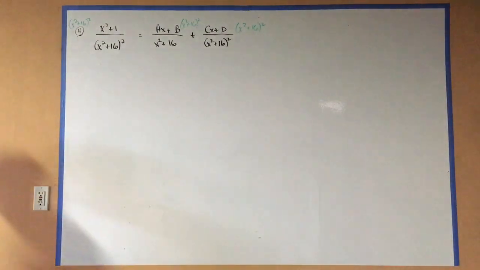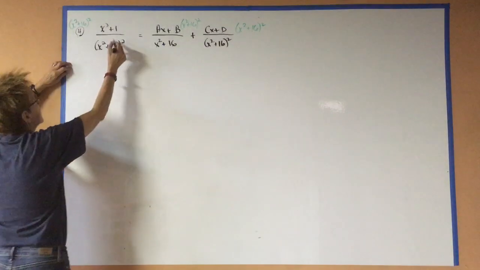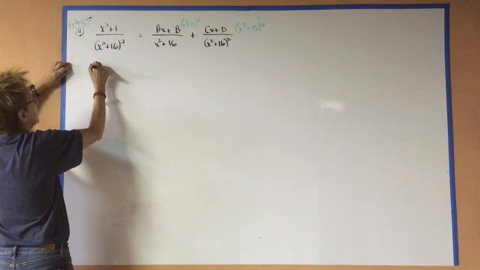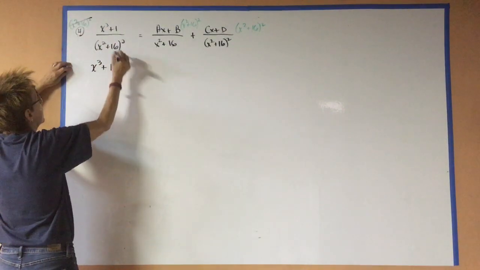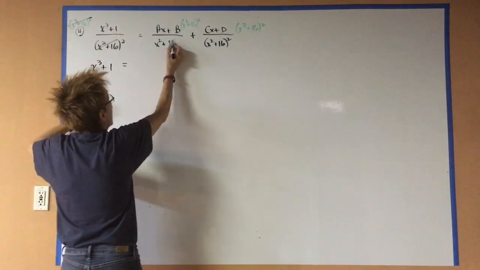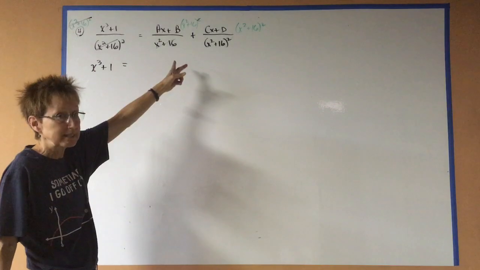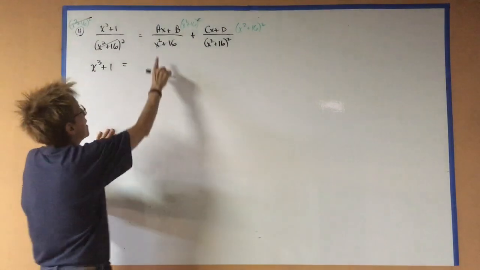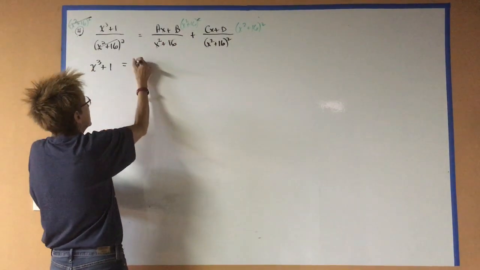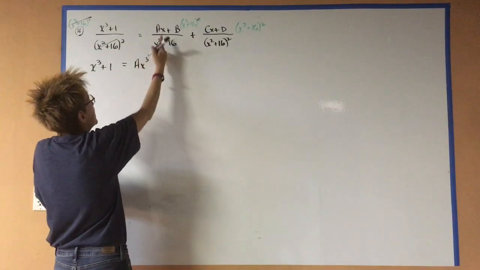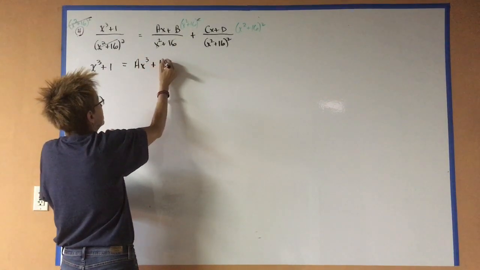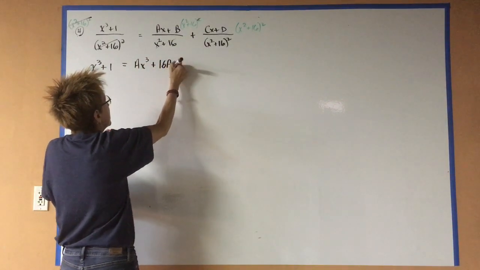Okay. So what happens, this cancels, and I'm left with x cubed plus 1 on this side. One of these cancels, so now I have to take ax plus b times x squared plus 16, so I have to FOIL that out. So let's see, ax times x squared is ax cubed. Ax times 16 is 16ax.